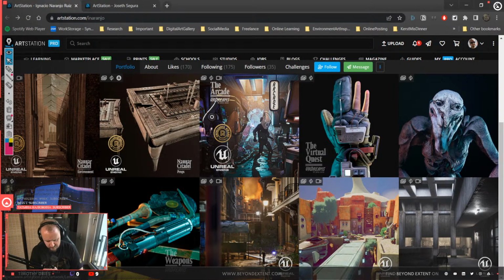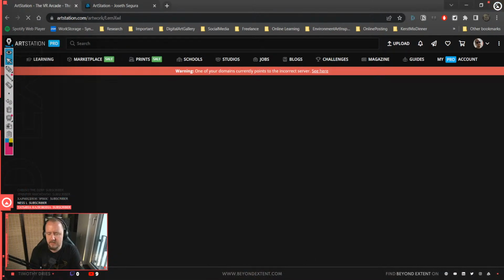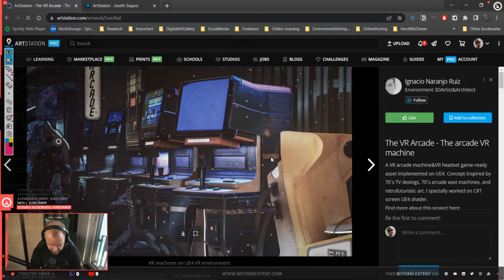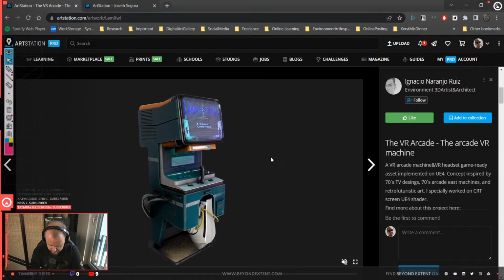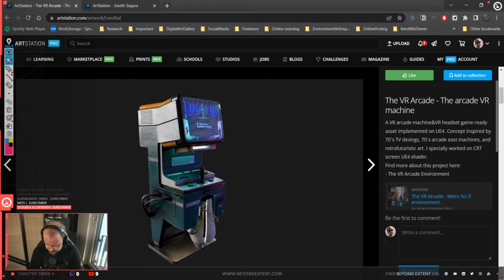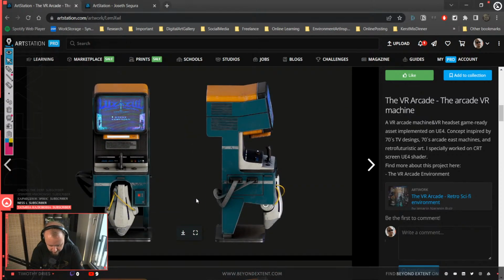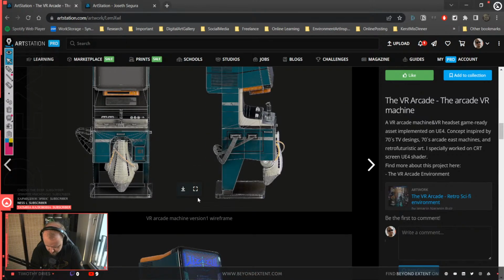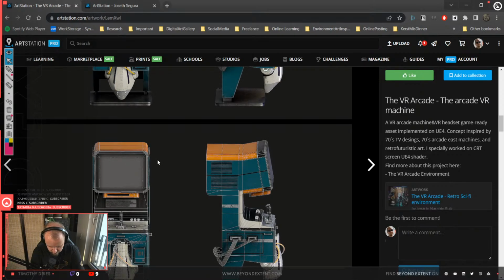Let's hop over to this one then. Let's have a look here. Game ready app asset implemented in Unreal Engine 4. Oh, okay.